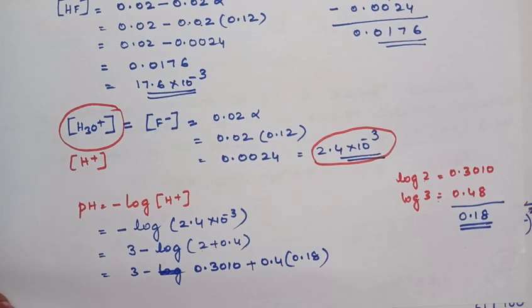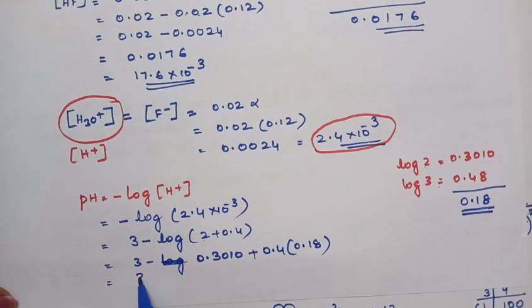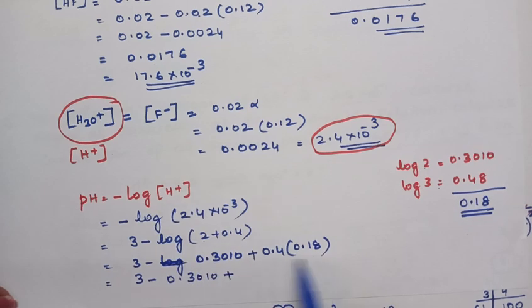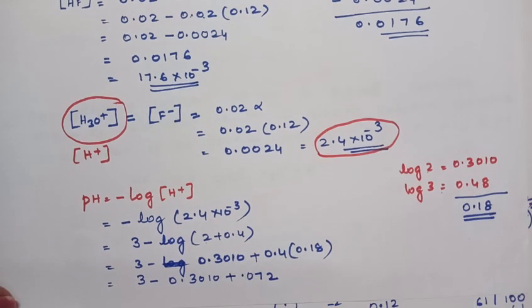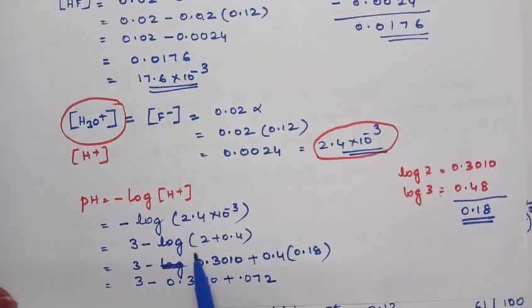So this is equal to 3 minus 0.3010 plus this product. 18 into 4 is 72. After the decimal, 1 digit and 2 digits, so 2 plus 1 is 3 digits, so after 3 digits we keep the decimal: 0.072. This is inside the bracket.